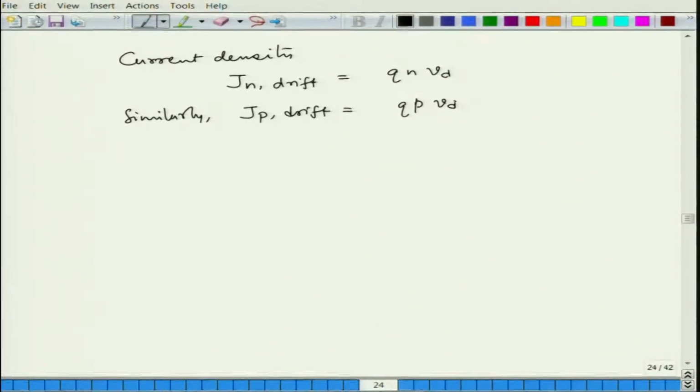Now, we want to know some material property which will tell you the V d. The force is known, that is due to the field, q into xi.